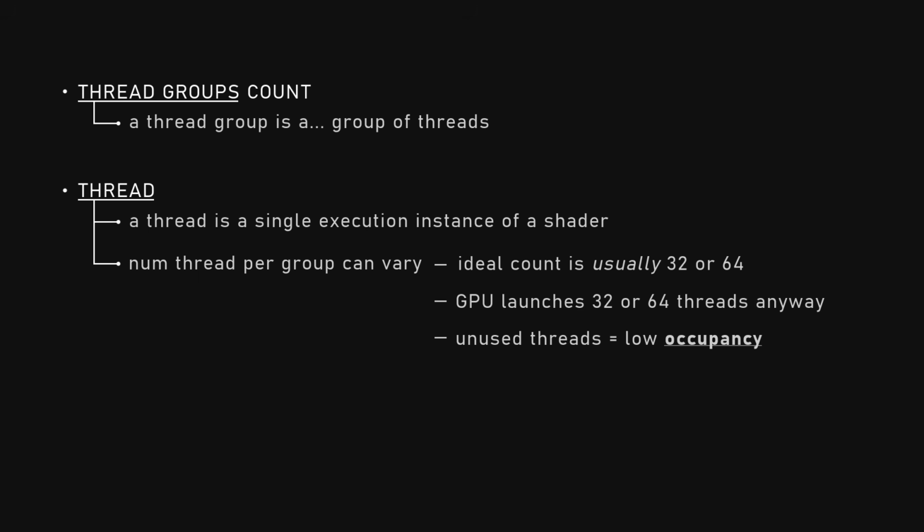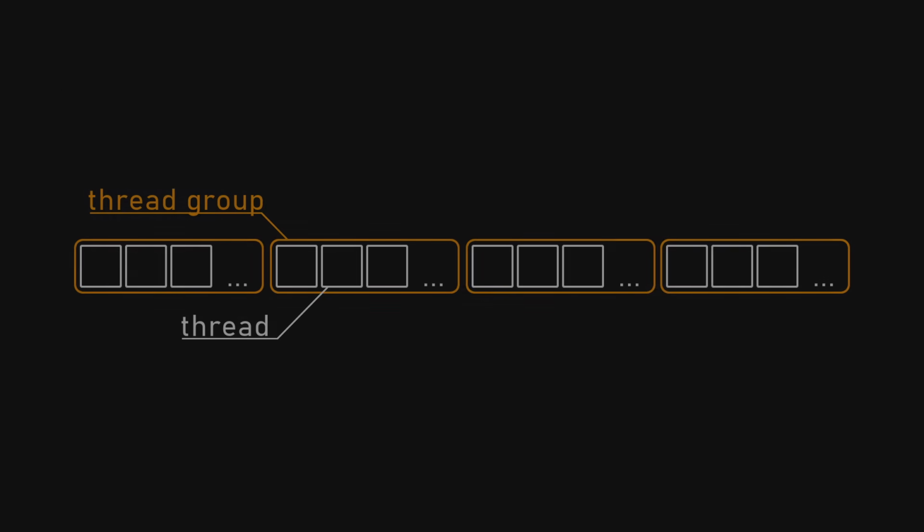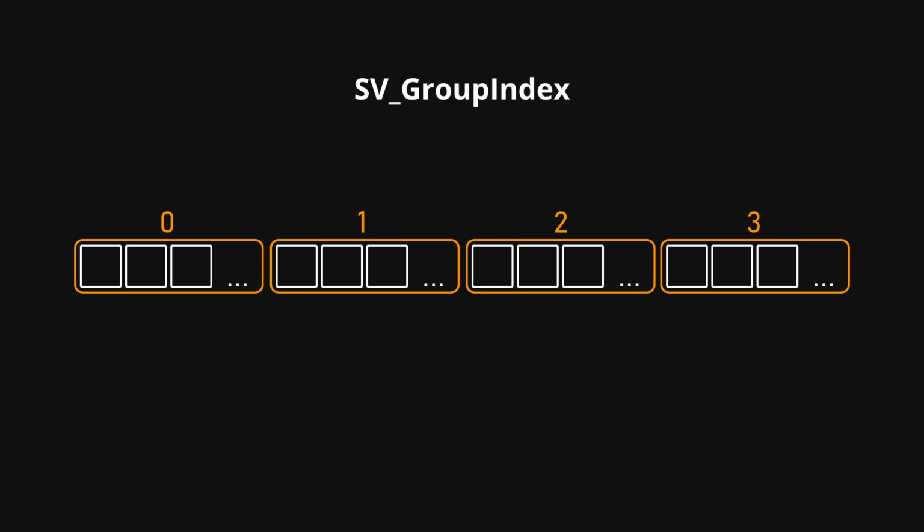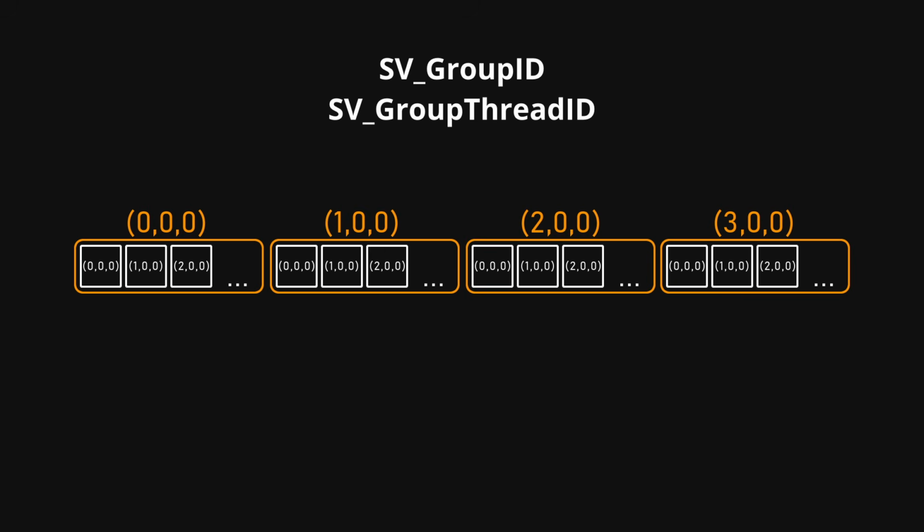That said, there is a limit to how many threads you can use per group, 1024 being the number I usually stumble upon when doing research on that topic. Anyway, to begin with, it's perfectly fine to stick with 64 threads per group. Each thread group has a unique linear index, 0 for the first one, 1 for the second one, and so on. Both thread groups and individual threads can also be uniquely identified using their XYZ indices, or IDs.